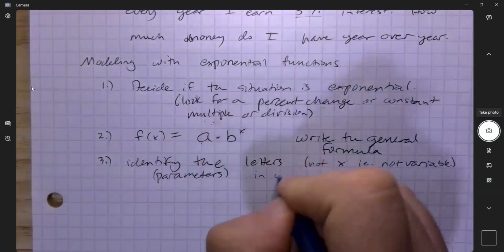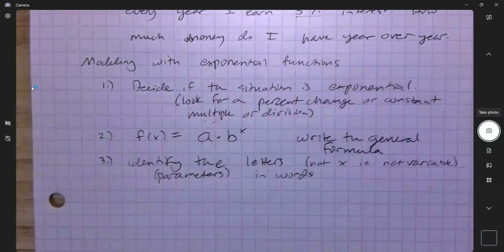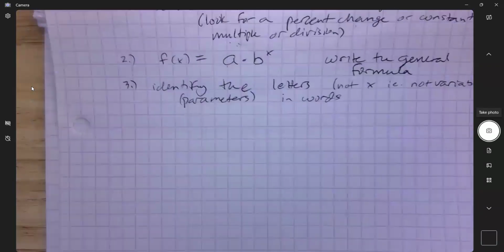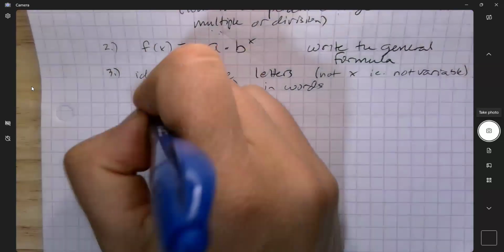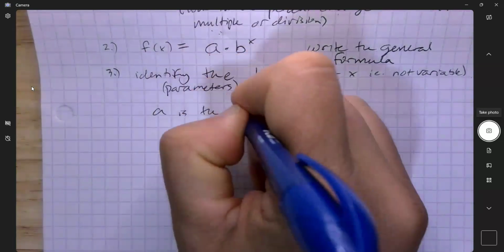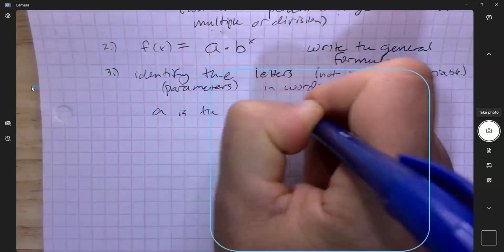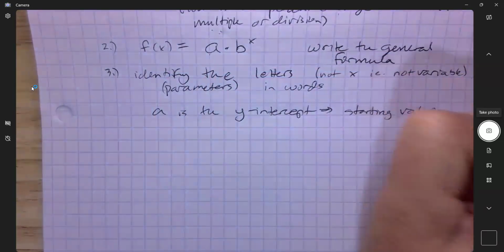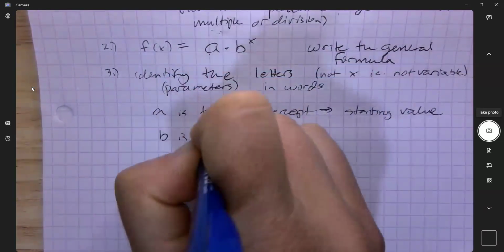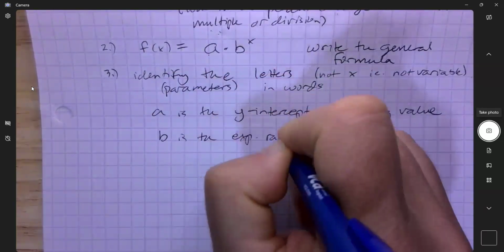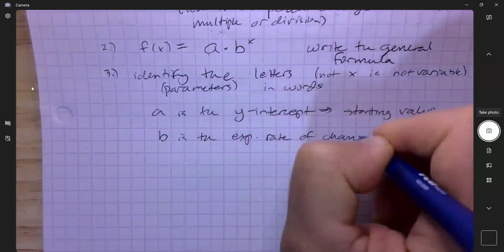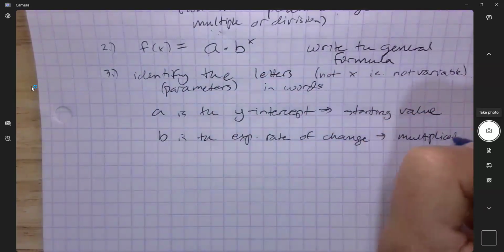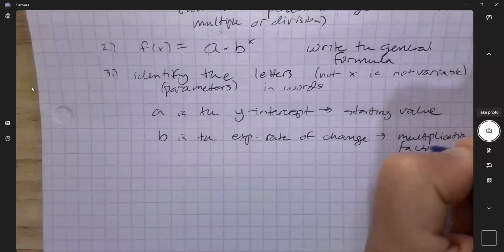Identify the letters in words. We don't have to get what those numbers are yet. Let's just remember what is A and what is B. So A is the y-intercept, i.e. the starting value, and B is the exponential rate of change, i.e. the multiplication factor.